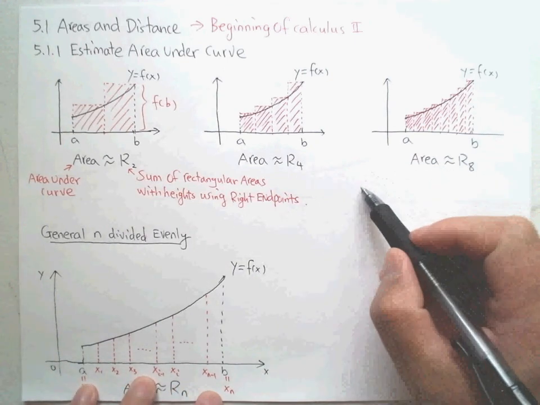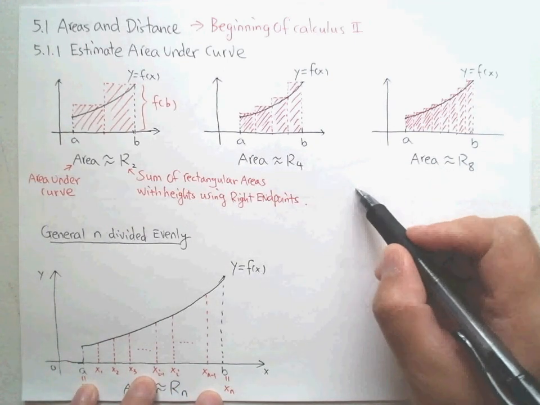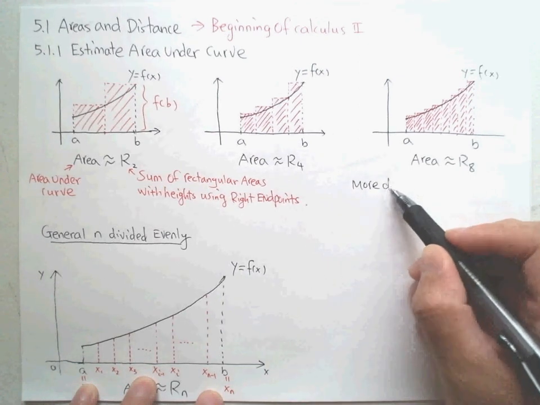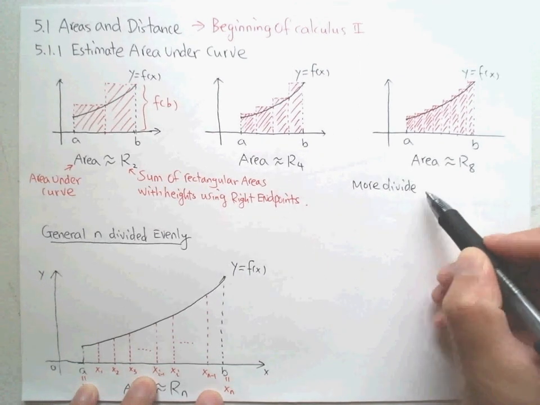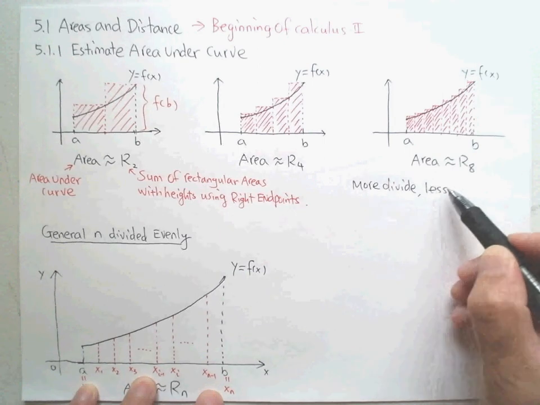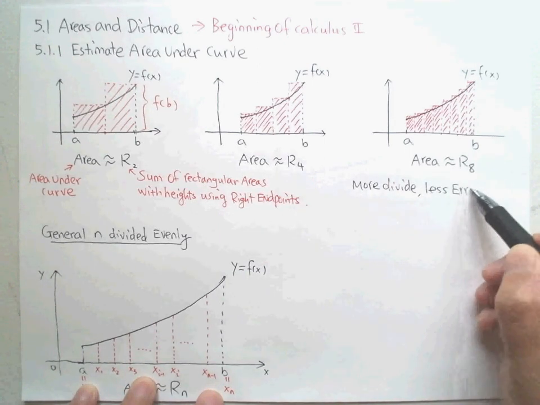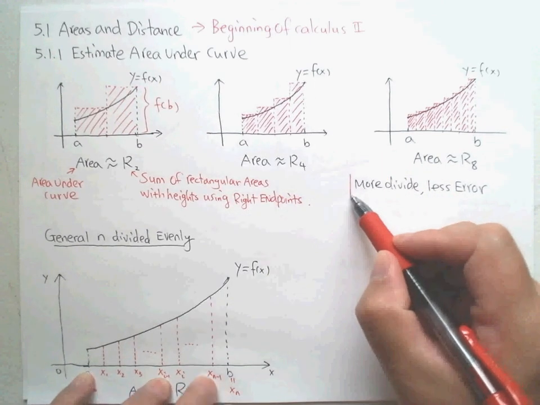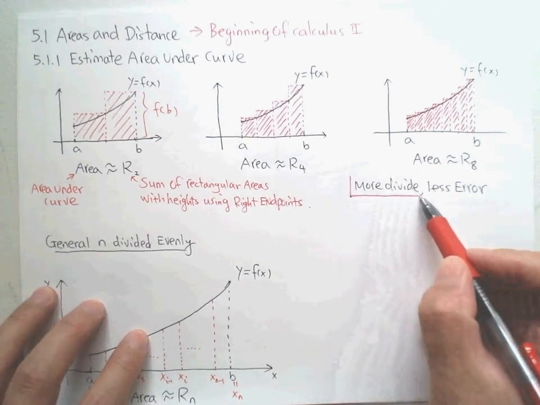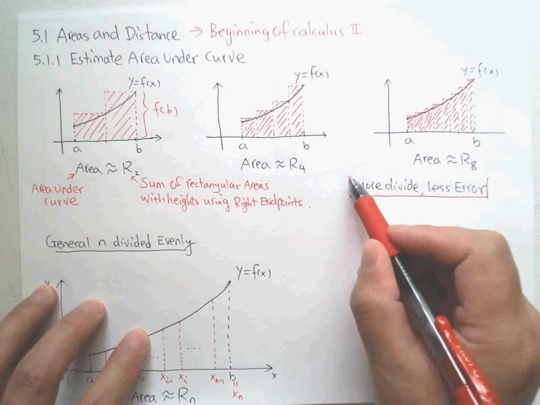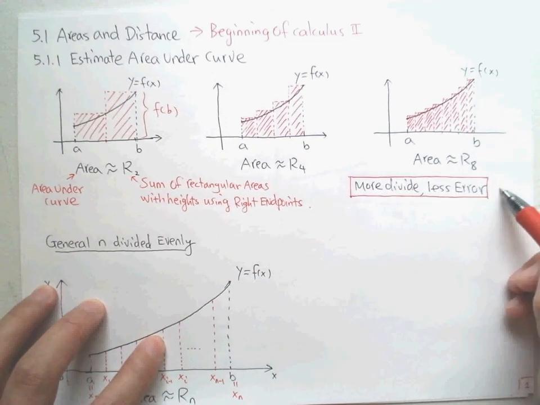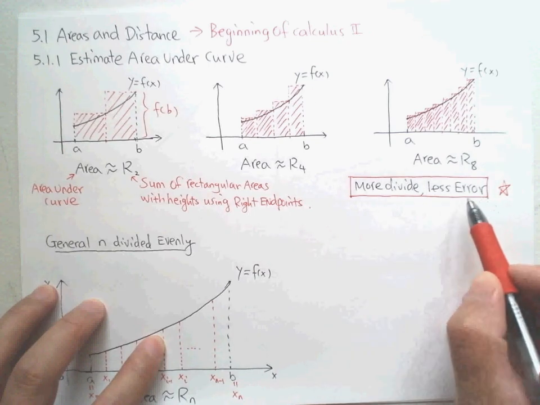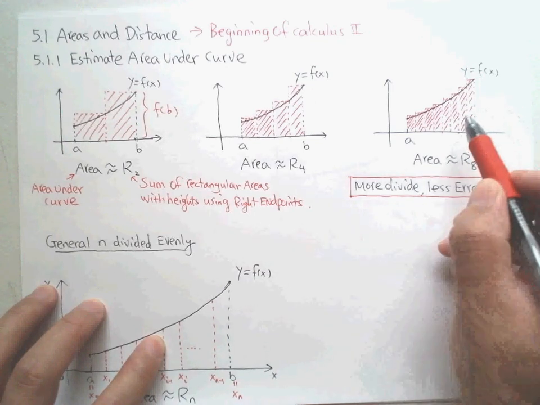The result is this: if I simplify, use more divisions, less error, right? If you divide it by more times, you get a smaller area estimating the area under the curve.